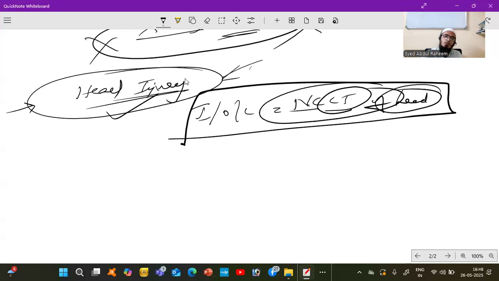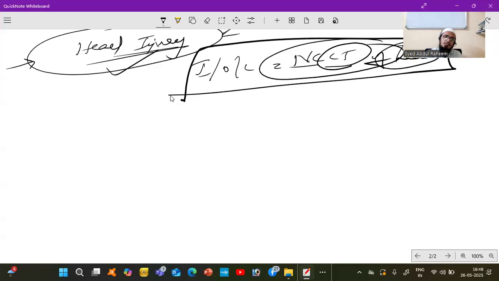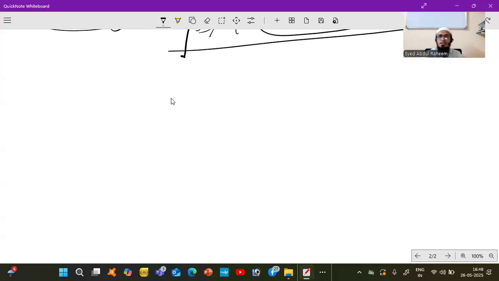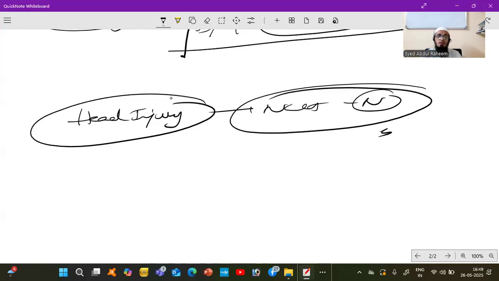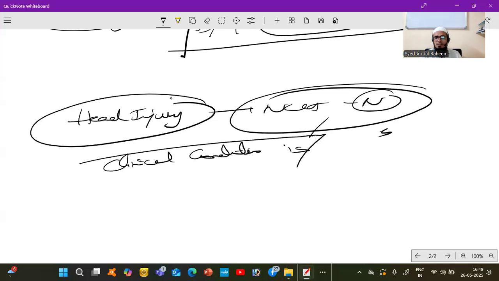But one thing we have to remember: in some cases, if a person has a head injury, NCCT will be normal, but the patient's clinical condition does not match. NCCT is normal, but the clinical condition is not normal.